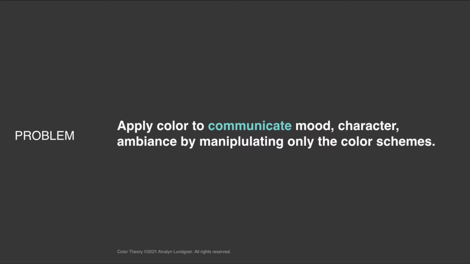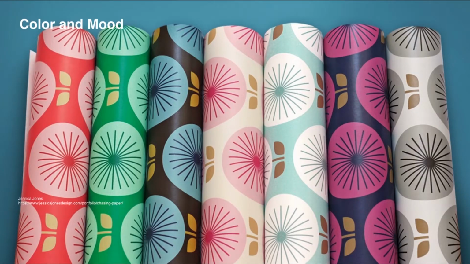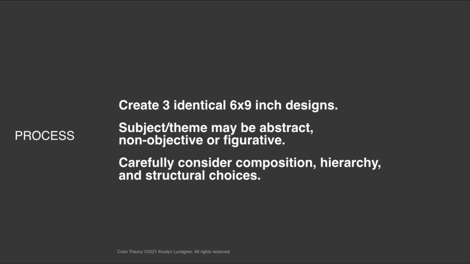So it directly relates to this idea of the same design but different colorways. You're going to create 3 identical 6 by 9 inch designs. Any subject, any theme. It can be representational, it can be abstract, it can be non-objective, it can be geometric.